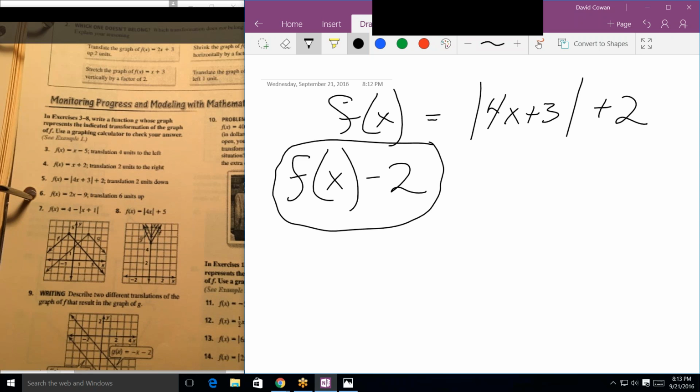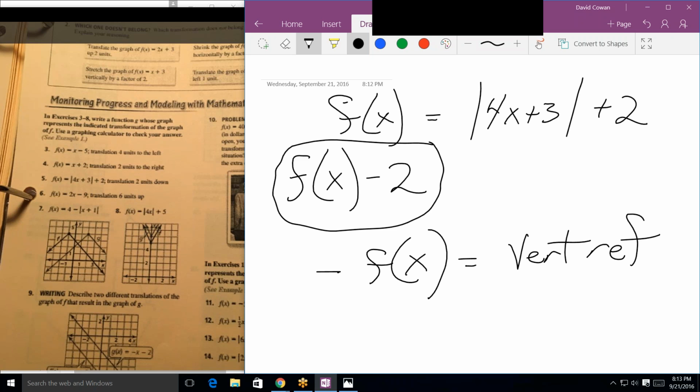Horizontally, you'll notice the previous one, I put the 4 inside the parentheses. This 2 is outside the f of x. This is vertical. The thing to remember on these translations is all vertical stuff is outside the function, all horizontal stuff is inside the function. If I said this, that's outside the function, that is a vertical reflection.